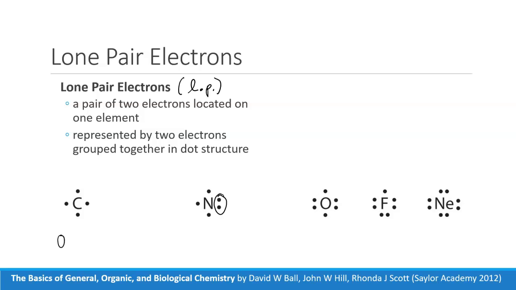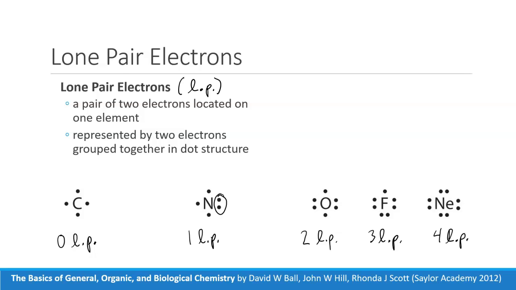Okay, so carbon has 0 lone pairs because all 4 of its valence electrons are singly placed on top, bottom, left, and right. Nitrogen has 1 pair. Oxygen, 2 pairs. Fluorine, 3 pairs. And neon, 4 pairs.